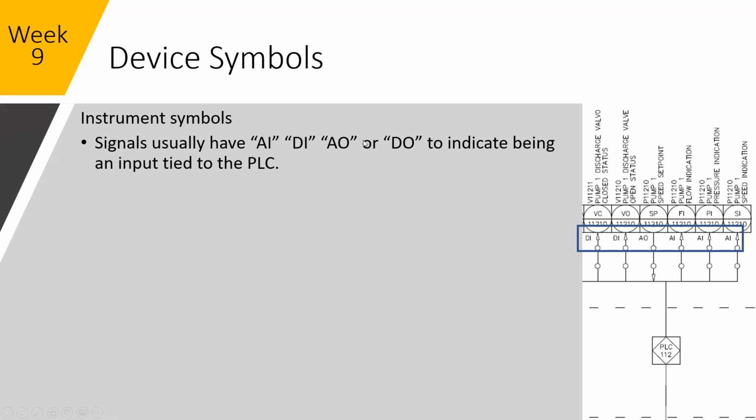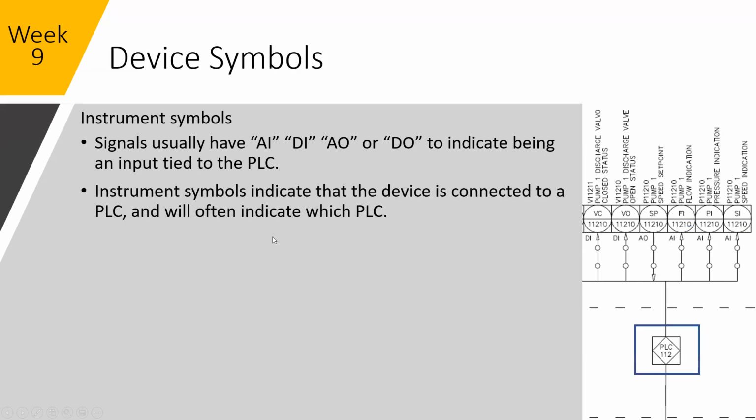Signals will usually have an indication as to what they are. The instrumentation symbol will indicate that the device is connected to a PLC and will often indicate which PLC. So down here, we have your PLC, your logic, and in this instance, it's PLC 112.